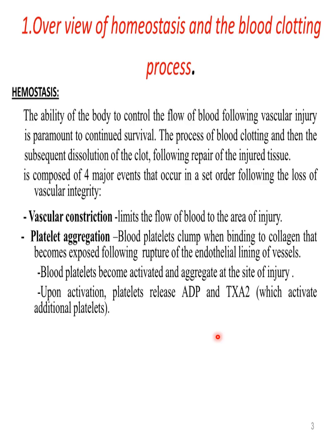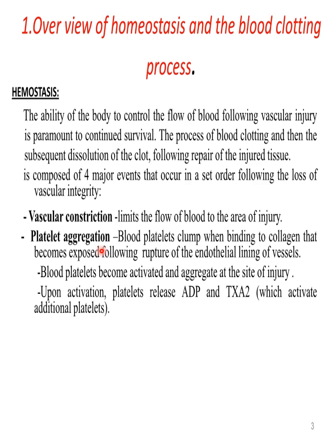The process of blood clotting and subsequent dissolution of the clot follows four important major events. These include vascular constriction, whereby the flow of blood is limited at the injury; platelet aggregation, where blood platelets adhere and aggregate together and form a clot.